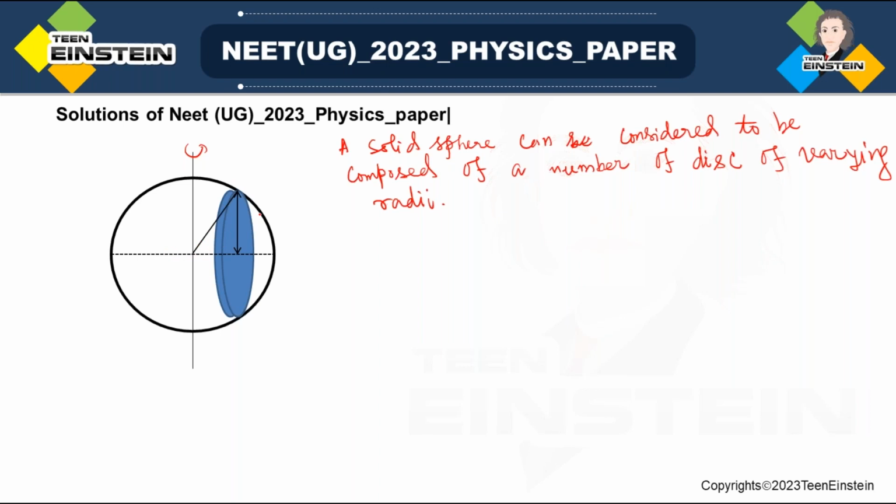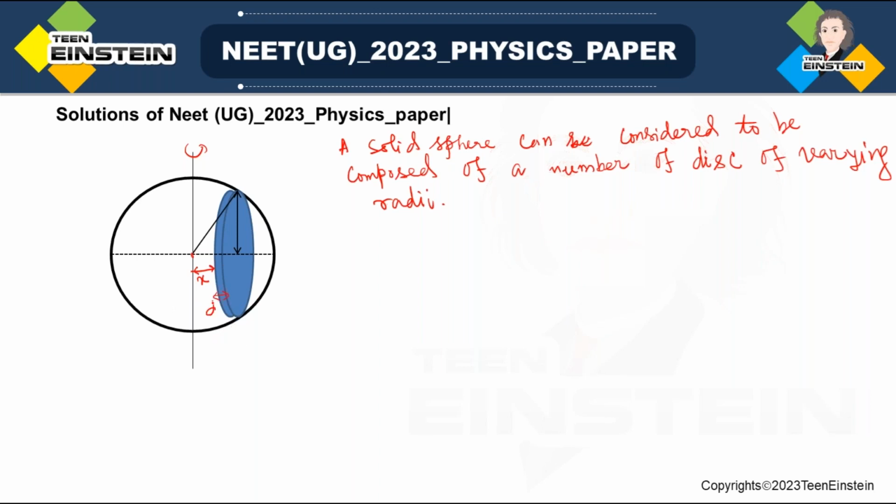Let us consider a disk such as this one over here, at a distance x from the center of the sphere, and it has a thickness of dx. Okay, this disk has a thickness of dx.